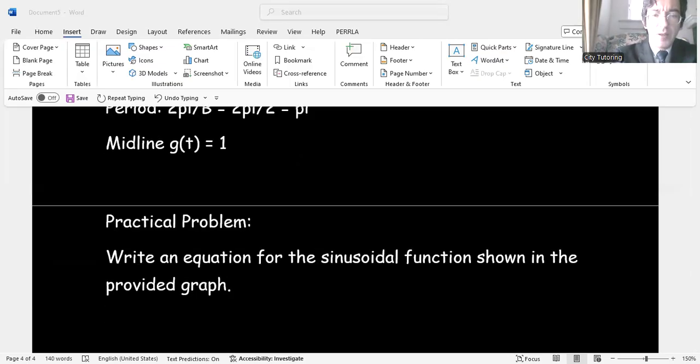The graph they're referring to came up on one of the Common Core tests. Let's see if I can pull up the graph somewhere.